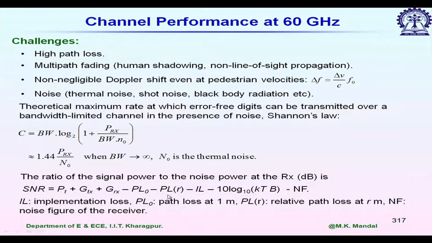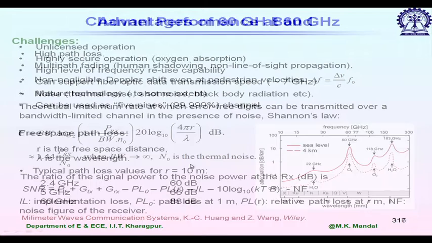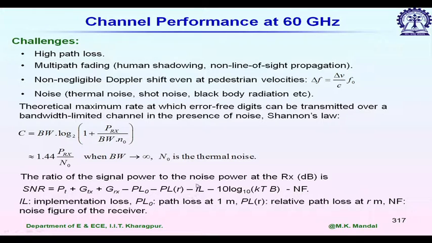We call it relative path loss at r meter. For the first 1 meter we will consider n equal to 2 in that path loss formulation, that means 20 log 10 of 4 pi r by lambda, and for the part after 1 meter we have to experimentally determine the value of n. It usually varies between 3 and 5, which we discussed earlier.